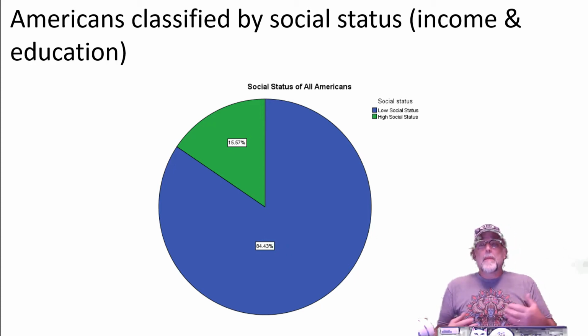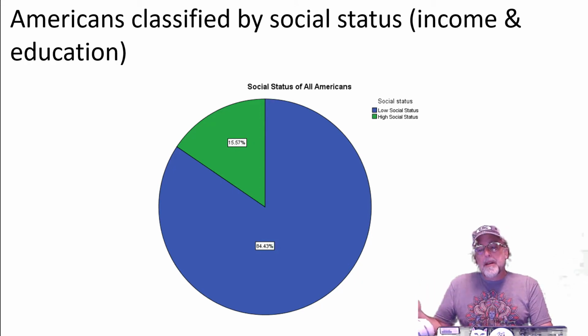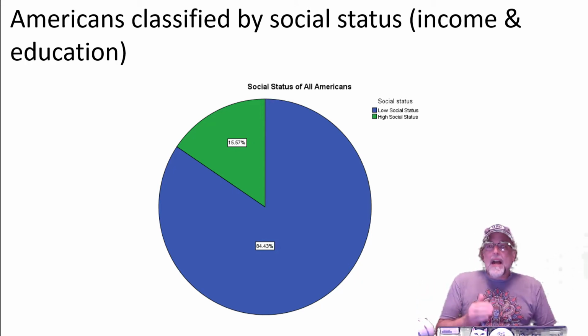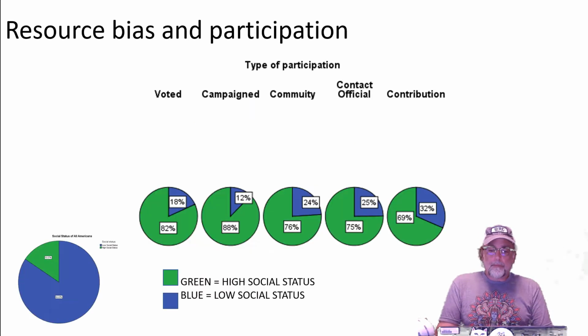So this is a group that we might describe as an elite. So if the resource bias hypothesis is correct, what we should see is that as the cost of participation increases, those high social status people will be more and more overrepresented in different forms of participation.